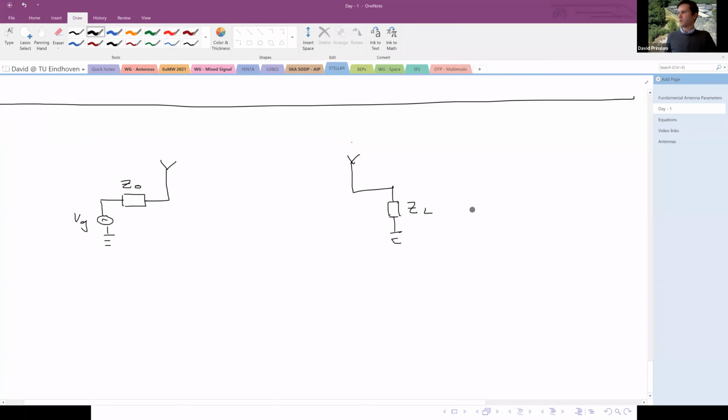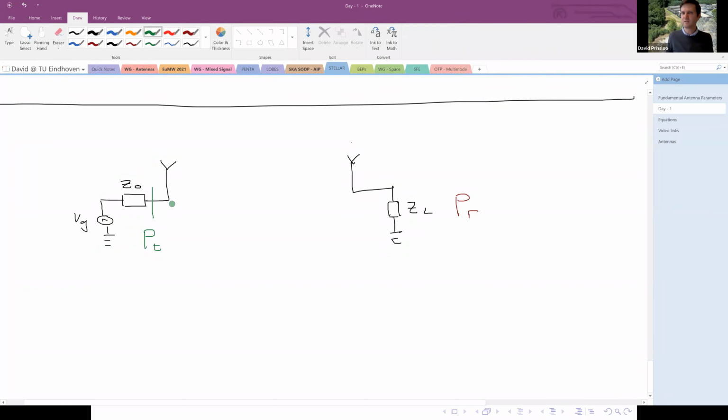What we want to know is the power received on this side versus the power transmitted. The first thing we need to do is just follow the signal path. So we have power transmitted, and I like to follow mentally what happens to this power.